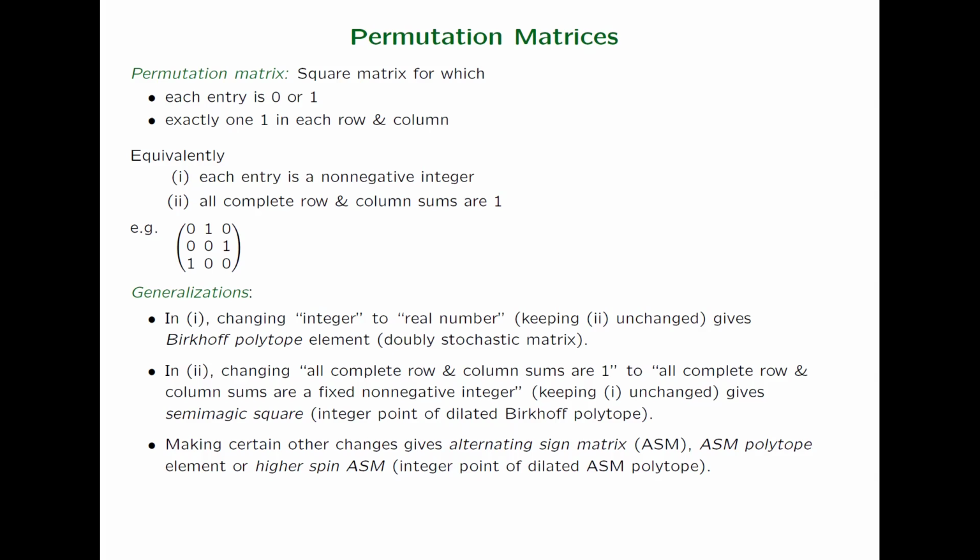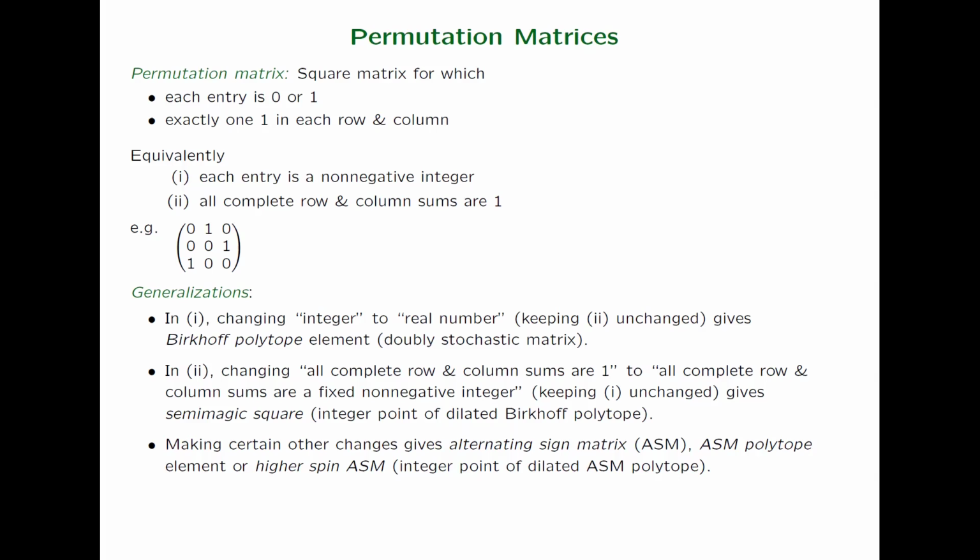It's now a square matrix with real non-negative entries such that the row and column sums are all equal to 1. And these doubly stochastic matrices form what's known as the Birkhoff polytope.